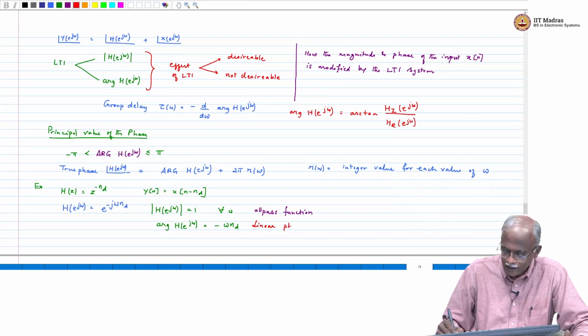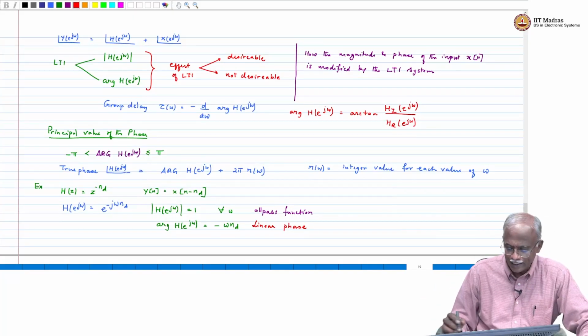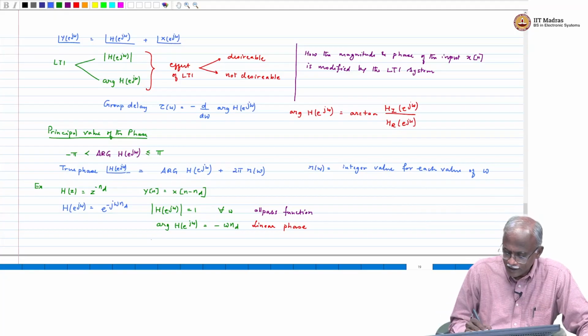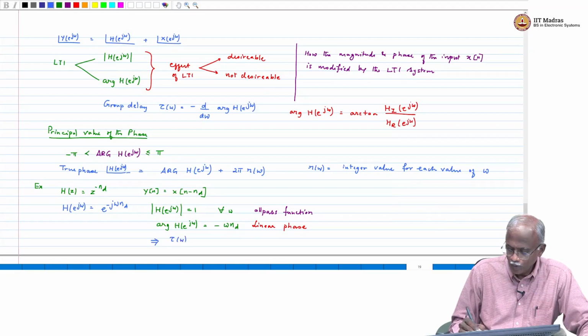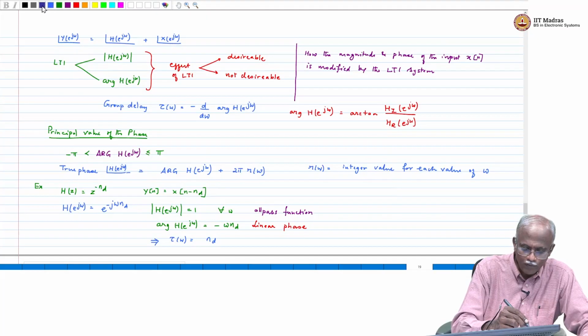What is the advantage of linear phase? If you differentiate with respect to omega, the group delay is a constant. Tau of omega is equal to plus n_d, the negative of the derivative, so n_d is a constant group delay for all frequencies.